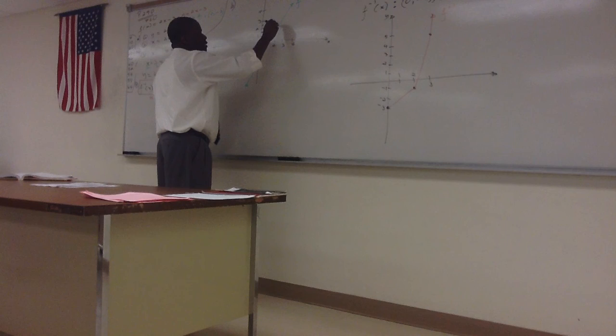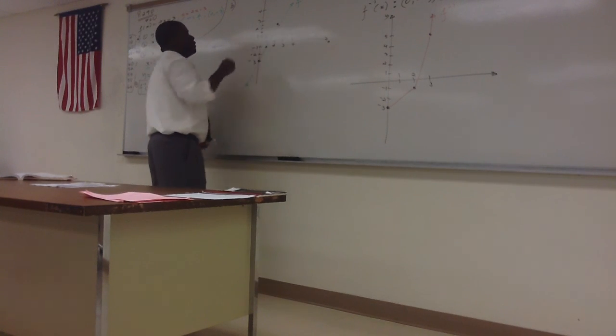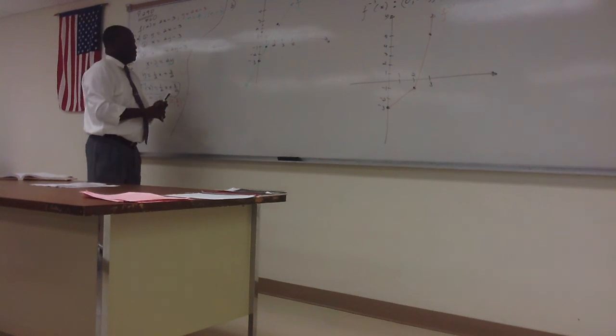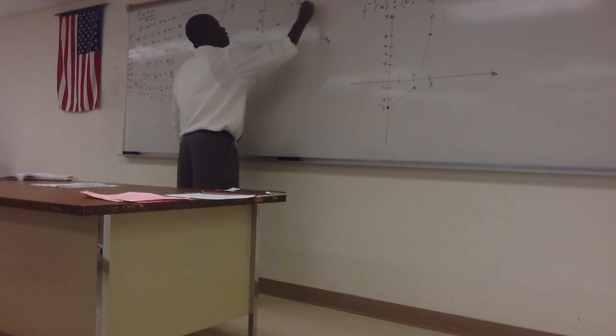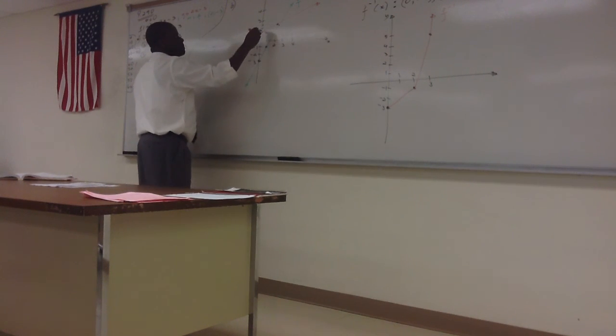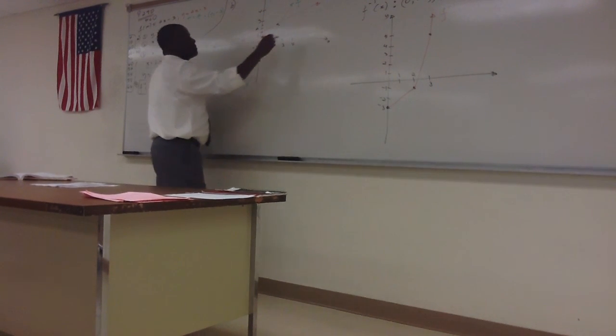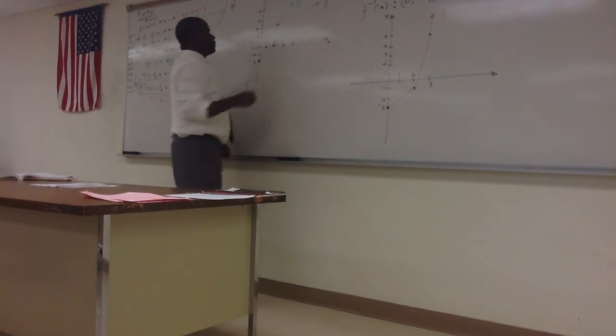So the point is somewhere there. Seems like they're intersecting each other. Nope, it's a little too far like that, I guess. So now you connect the 2 points, and that's f inverse of x.